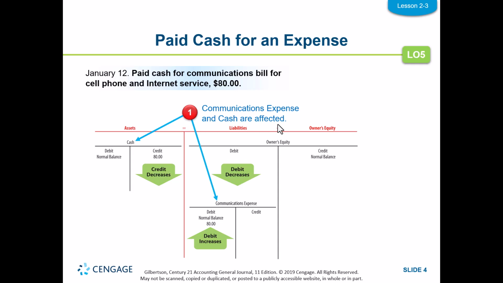It lowers the owner's equity, so that's the reason why we're debiting it and showing that we're lowering the owner's equity, but it's increasing the amount that we're paying for that communications expense. So it's sort of a subset of that. That's the reason why it says it's going up, because that communications expense for that time period is increased, okay? But it lowered our owner's equity. And our cash is obviously going to be credited because we paid for it.